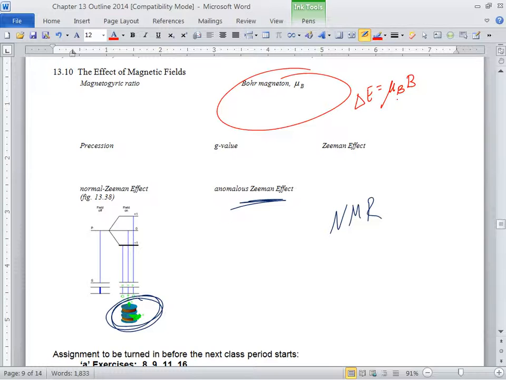So this Bohr magneton is just a constant. Look at the inside front cover. So look and see what it is. I can just tell you what it is. Might be faster to Google it. Oh, there it is. 9.27 times 10 to the negative 24.